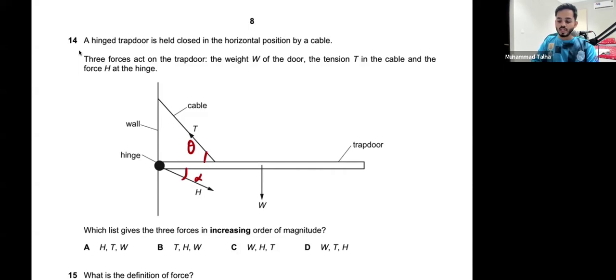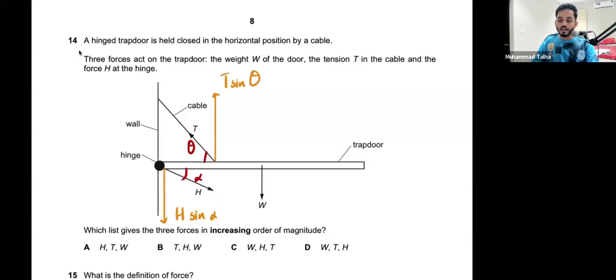Resolving the forces, I can say that this is going to be T sine theta, this is going to be H sine alpha. So let's mark these. This is T sine theta, and this is H cos alpha. Sorry, H sine alpha. H sine alpha, T sine theta, right?